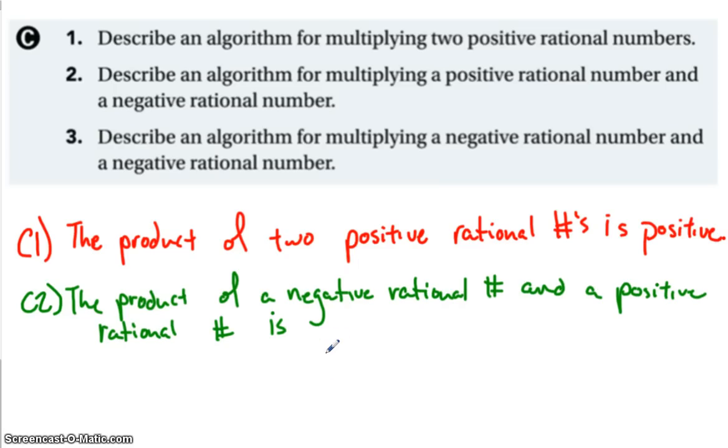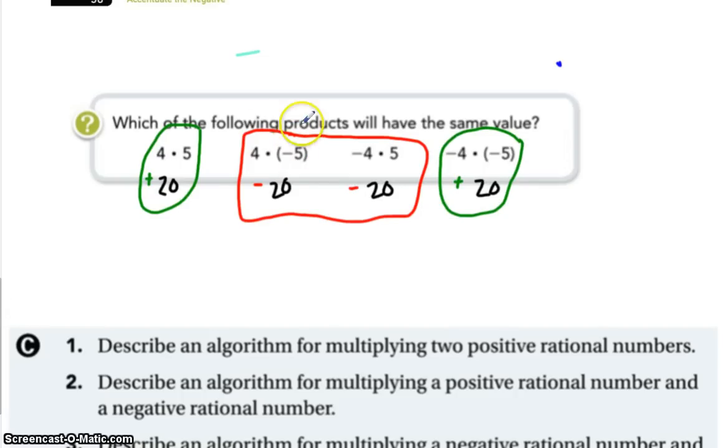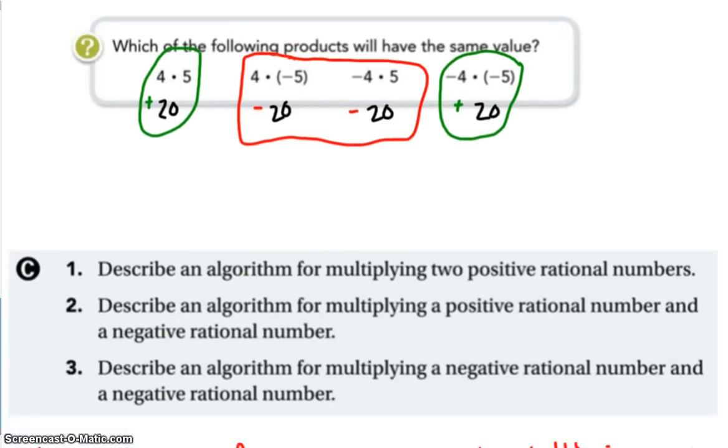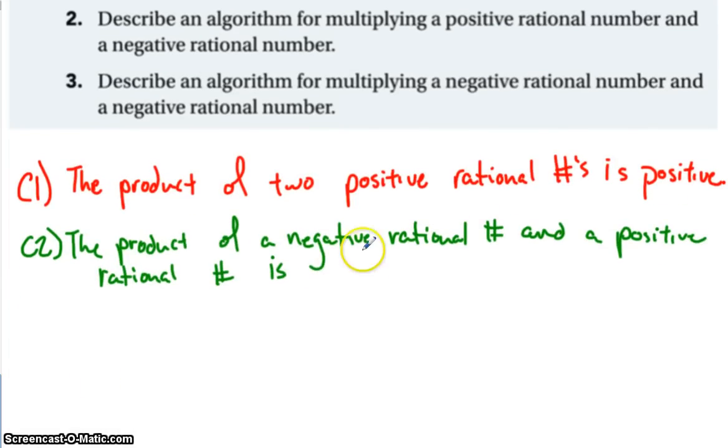Well, if I look up to my work from before, these two, the positive rational times the negative rational, or the negative rational times the positive, one of each would make the product negative.